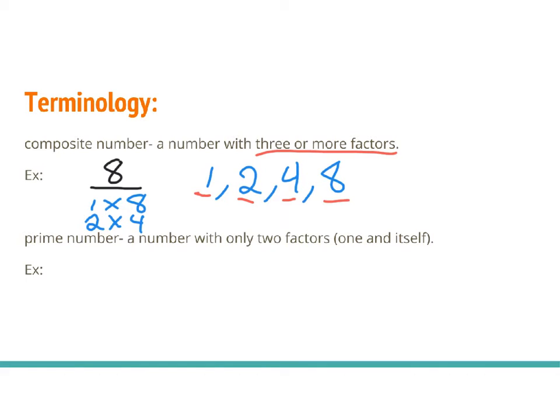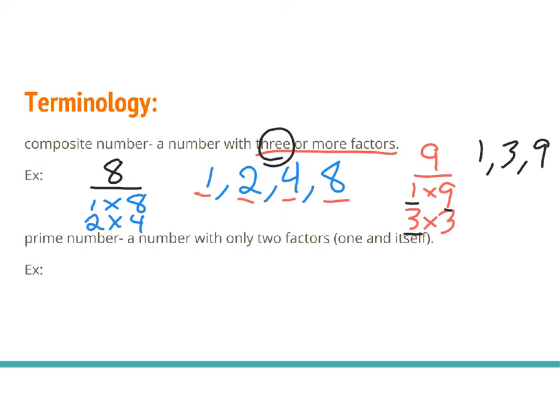One place that you would find 3 factors would be a number like 9, where you have 1 times 9 and 3 times 3. Well, you're not going to count both those 3's. You're just counting one of them. So it's 1, 3, and 9. So it meets that minimum of 3.